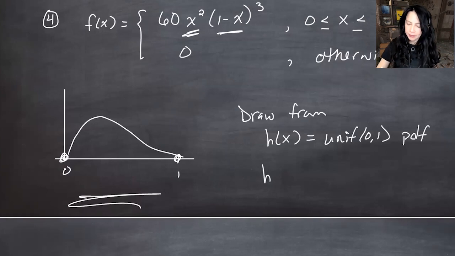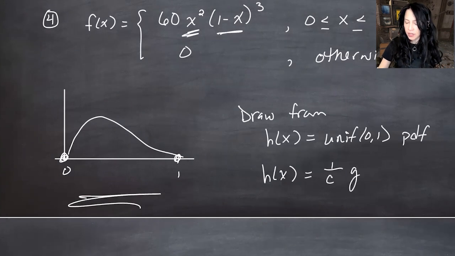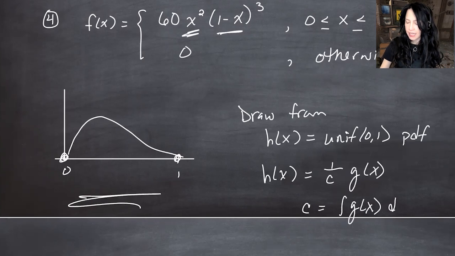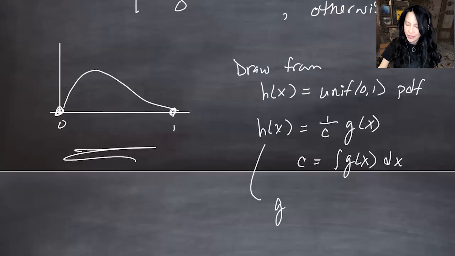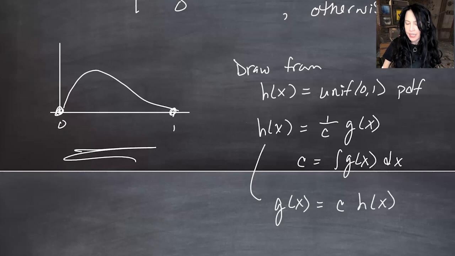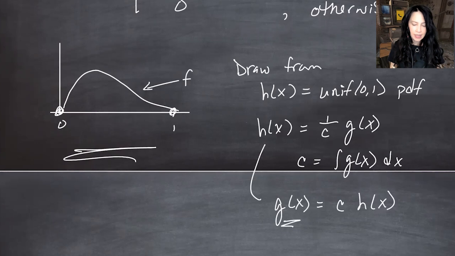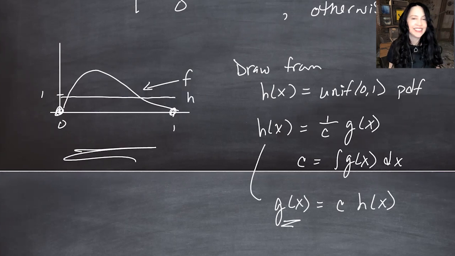So h of x is gotten by taking 1 over c times g of x, where c was defined to be the integral of g of x dx. And basically, let's look at this the other way. g of x is c h of x, and this has to be an upper bound on this function f. So maybe 1 is here, and this flat line is my h.